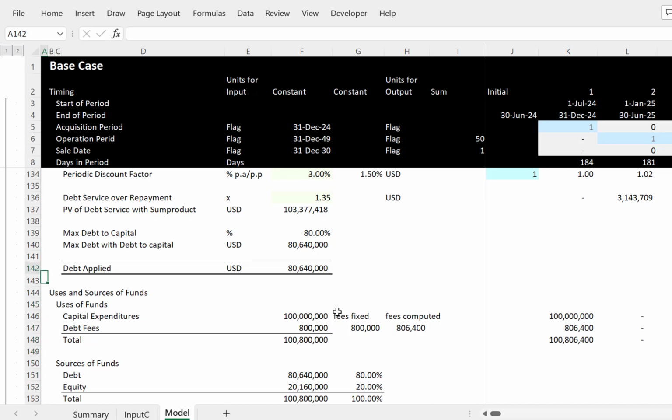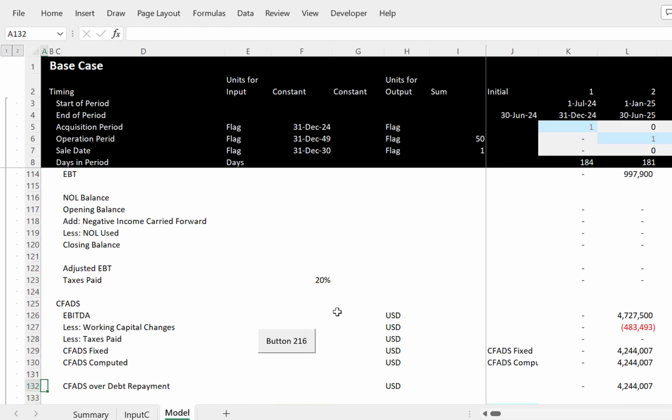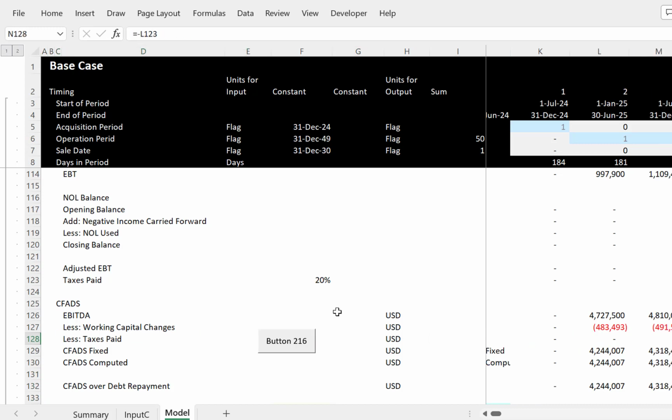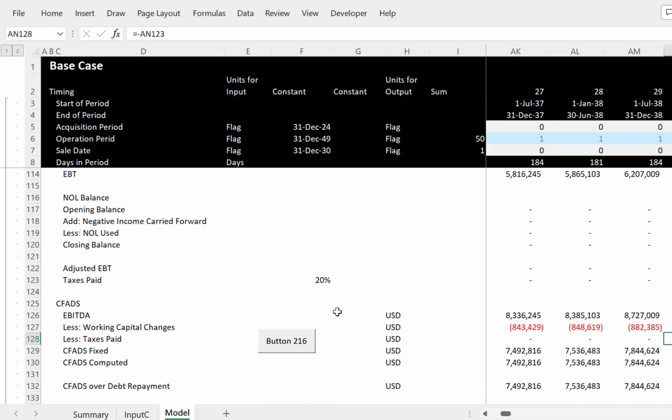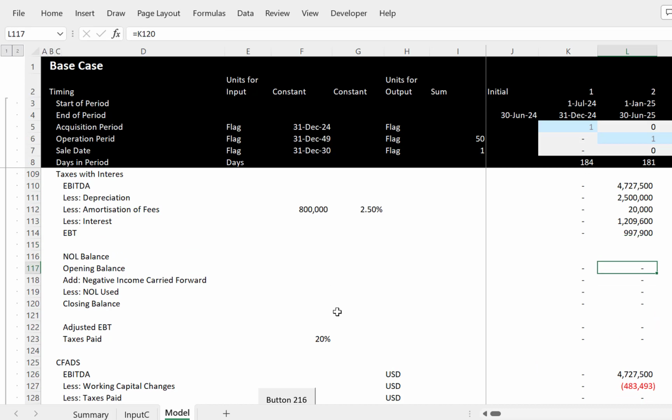Why did the CFADS, the taxes paid, just a minute, what happened to the taxes paid? Why did they all go to zero? Oh, okay. Did I do my adjusted EBT? What did I do wrong? Okay, this plus this minus this. Excuse me for making that mistake.